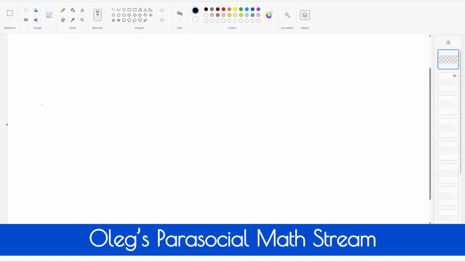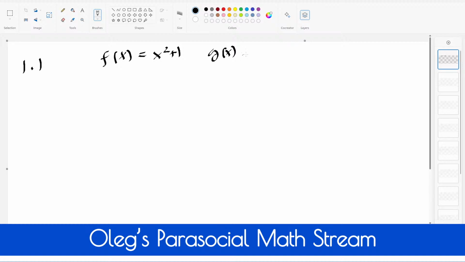Finally, we have one more to solve here. We're going to evaluate this one. We're going to write the function, and g of x is equal to 1 over x. And we're going to evaluate what is the composite of f and g.